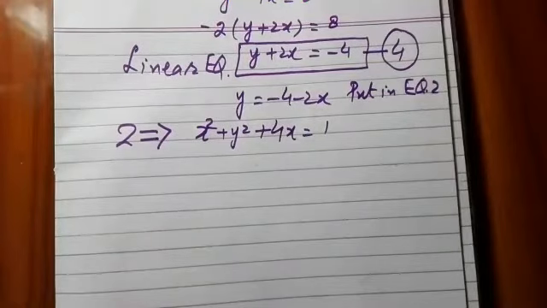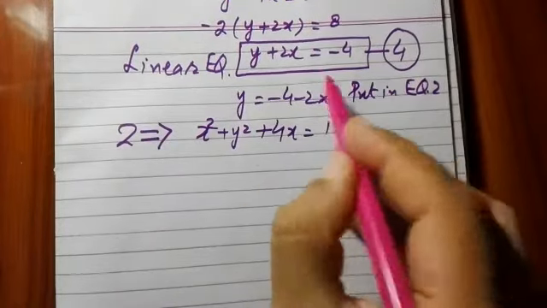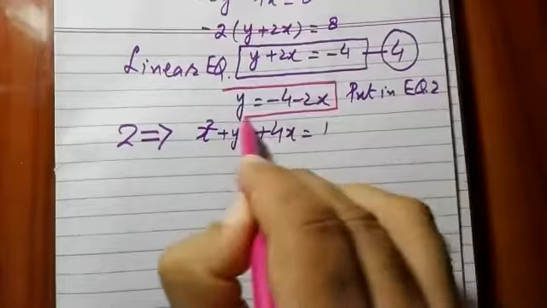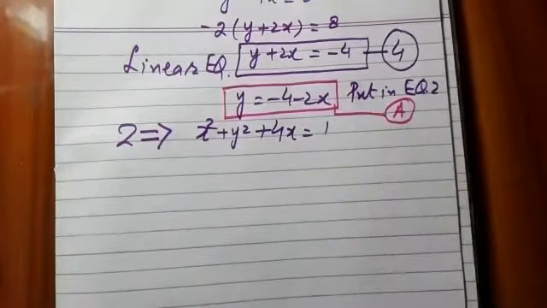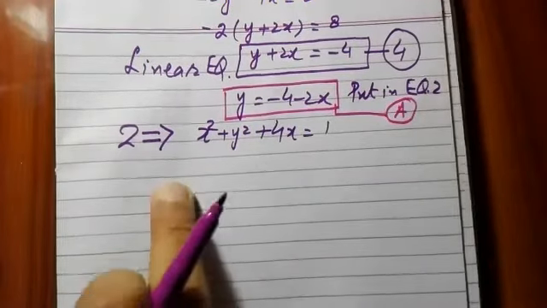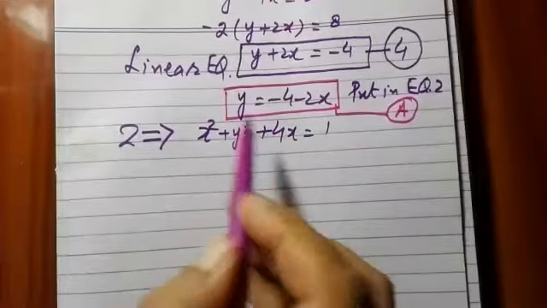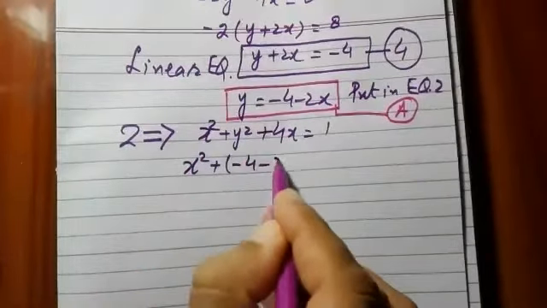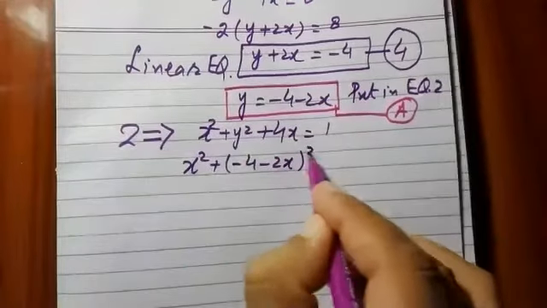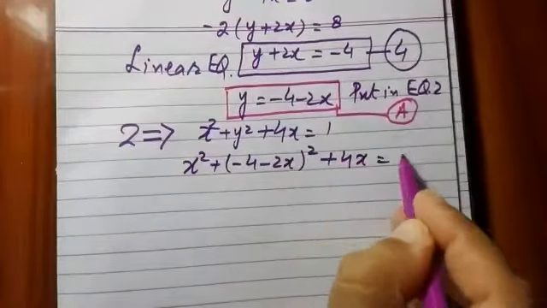And you should also label the other equation as equation number A. We will reuse it for the back substitution to find the value of y. Now I have written equation number 2. We will substitute where there is y. I will substitute the value of y in terms of x: minus 4 minus 2x whole square plus 4x equals to 1.